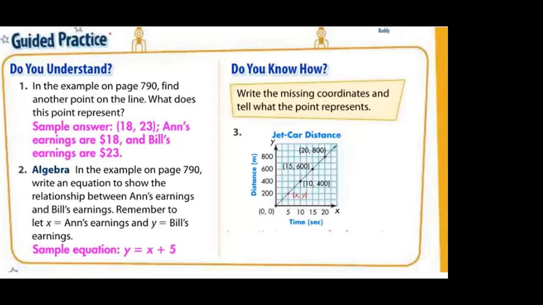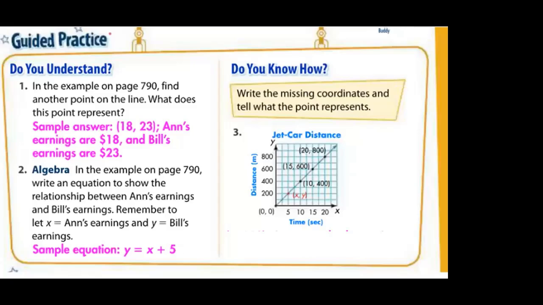Question number 3, guided, page number 791. Write the missing coordinates and tell what the points represent. This is in front of you. The coordinates represent the relationship between distance in meters and time in seconds. Time is on the X coordinate and distance on the Y coordinate.